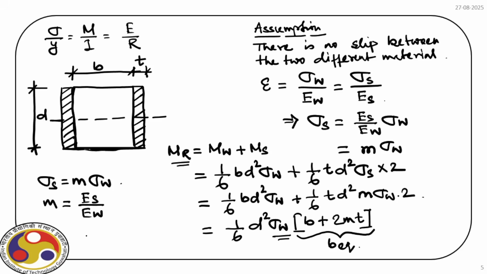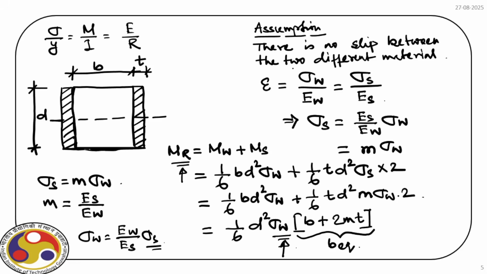In that case, we have to express sigma W as EW divided by ES times sigma S, and then we find the moment of resistance of the section in terms of sigma S instead of sigma W, as we have done here. Then we will get the equivalent steel cross section for this composite cross section, right?